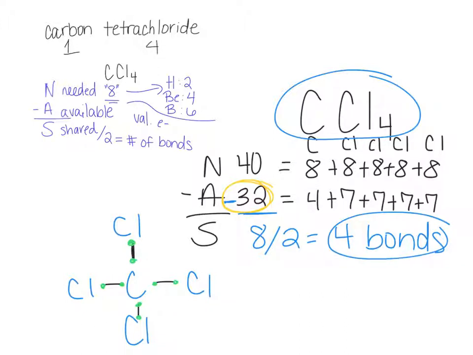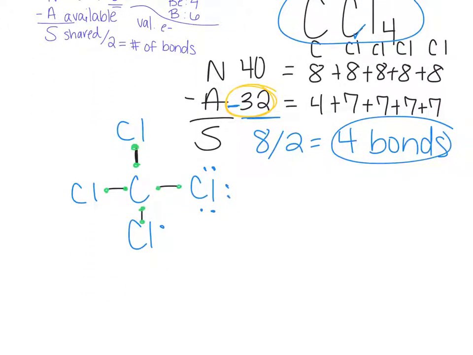So my carbon is complete. I have 8 there. And then I would continue adding these little valence electrons. 9, 10, 11, 12, 13, 14. My first chlorine is full. 15, 16, 17, 18. Oop, I think I'm off the screen there. Sorry.